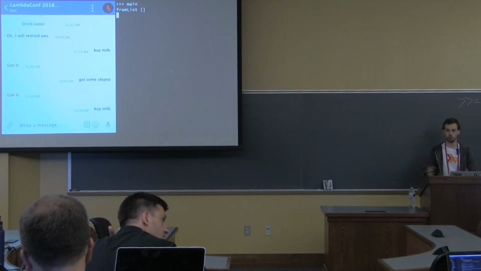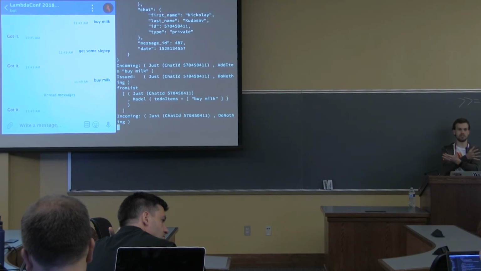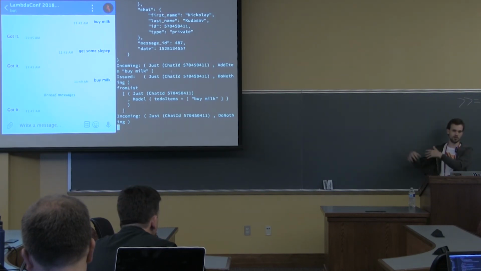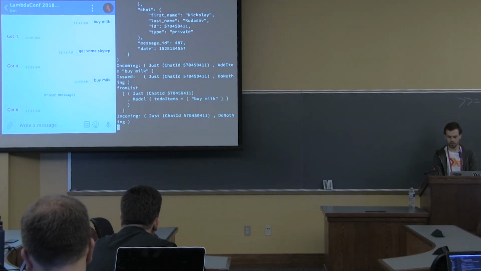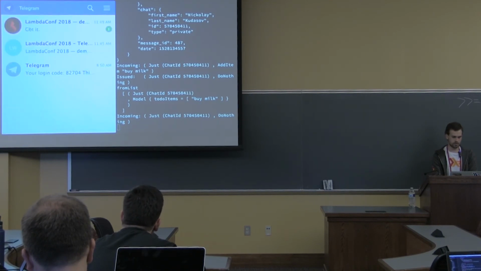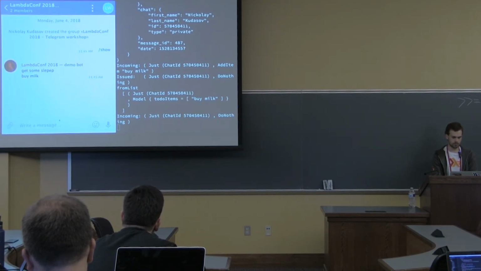We can switch trace and conversation bot places, and then we will get traces for all the users. But here we can see that the model is now a hash map, and for this chat ID, we have this model. And if we go to a separate chat, like here, right?